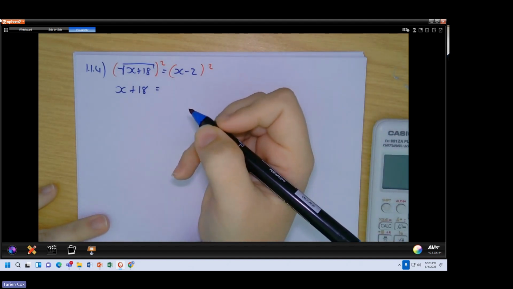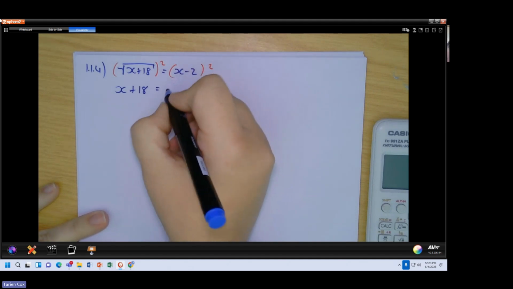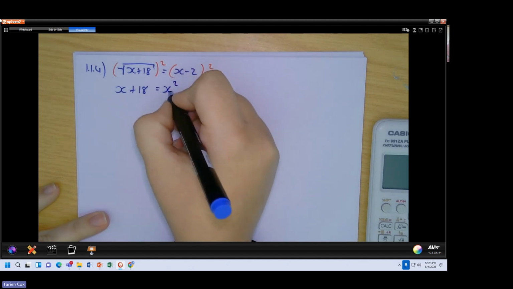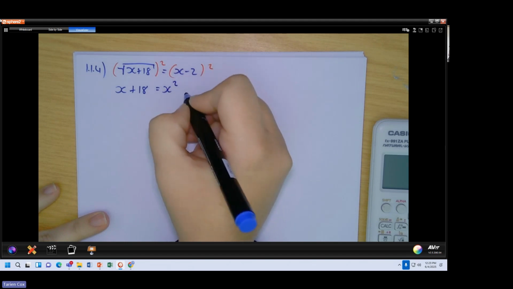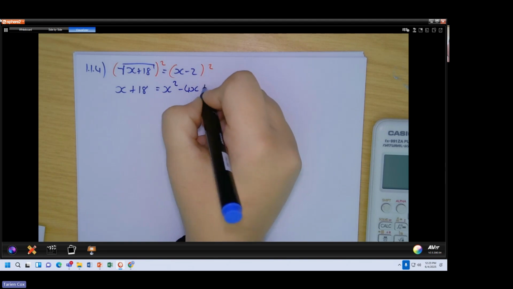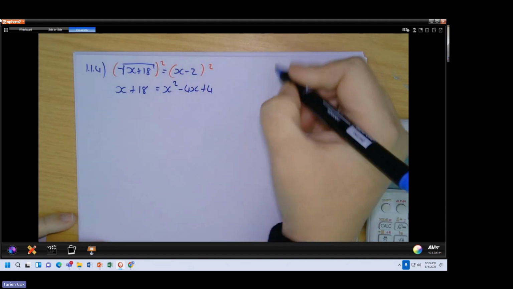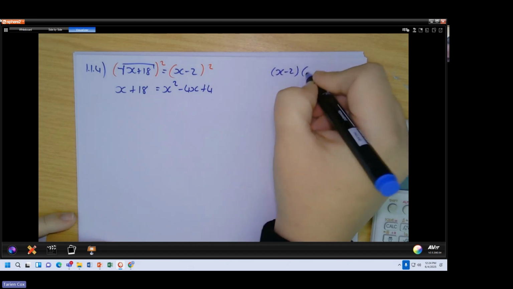A lot of us already know how to get to the answer straight, right? Which will be x squared, because we square the first one. Then we say x times -2 is -2x, but times by 2 gives me -4x, and then plus 4. If you're unable to go there straight, then it will be your call to do the following.